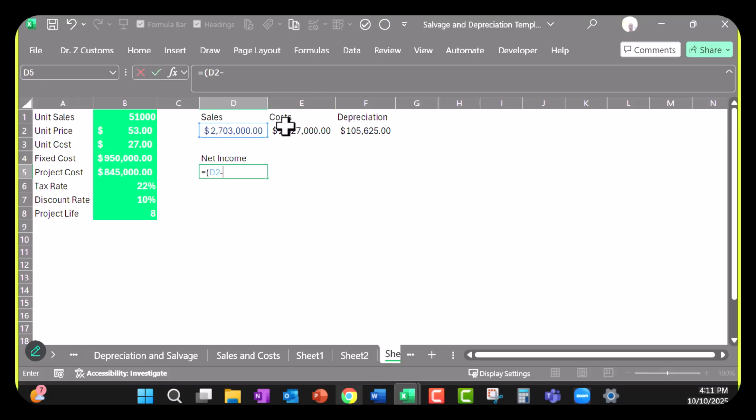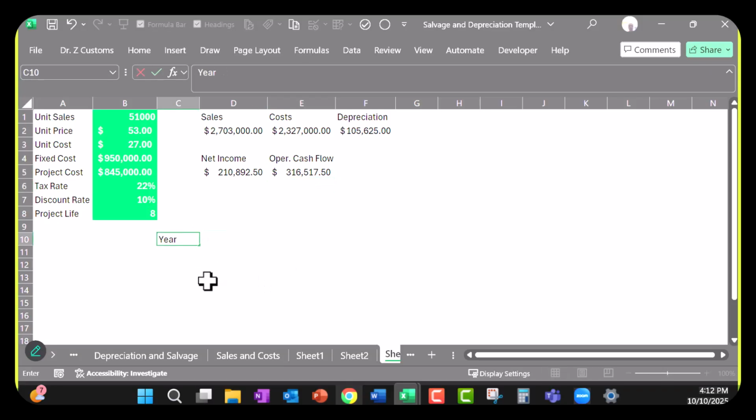Sales minus cost minus depreciation times 1 minus tax rate, and operating cash flow is net income plus depreciation. This is true for each year.